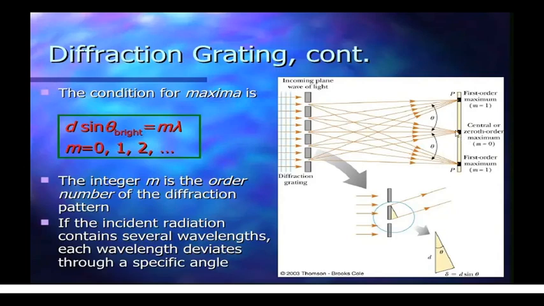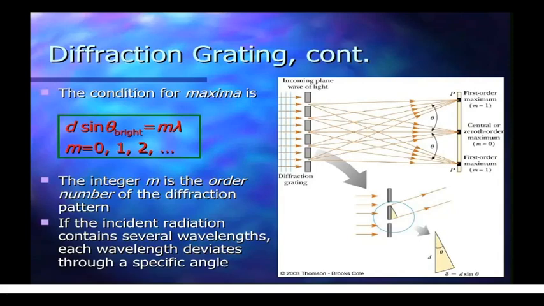The maximum is obtained at the central portion. This is the central or 0th order maximum, and the intensity decreases as we go away from it. This is the first order maximum having lower intensity than the central maximum, and after the first order you can see the second order, third order, etc.